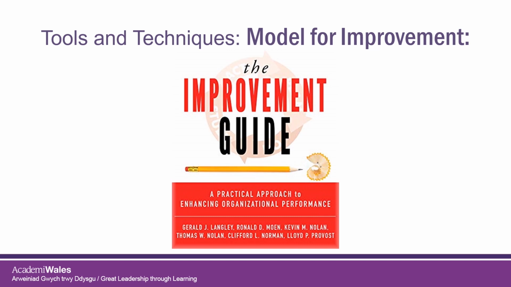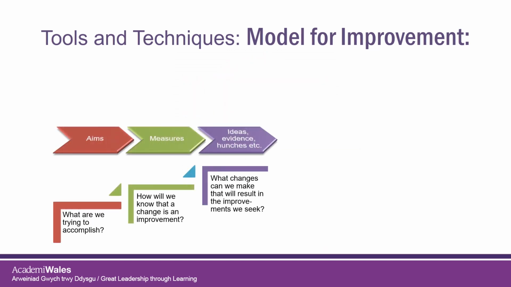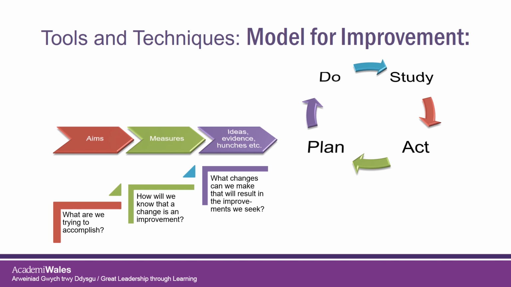So, having identified the change and how you will recognise and measure success, then decide how to make the change. This three-stage approach, aims, measures, ideas, is often referred to as the Nolan approach. Addressing these questions leads to the Plan, Do, Study, Act or PDSA cycle, used as a guide to the implementation of and learning from the changes.